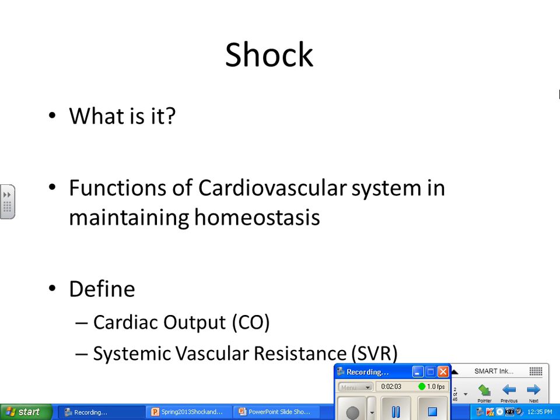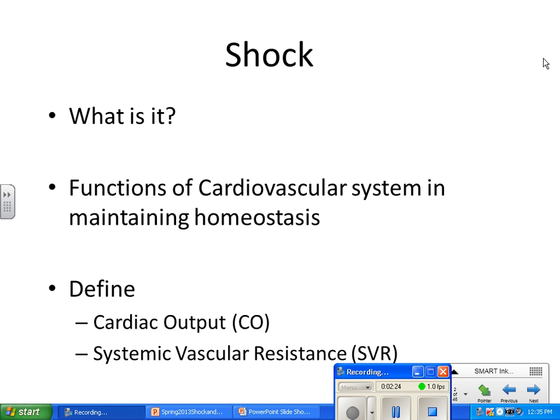Like the pressure, the blood pressure. So if we have good vasoconstriction so that it maintains an adequate blood pressure and good cardiac output, we're going to get good perfusion to our tissues. If that fails, then our body has to compensate to bring us back to homeostasis.